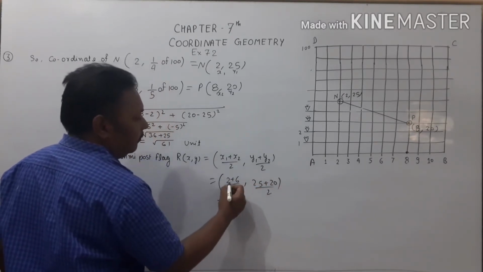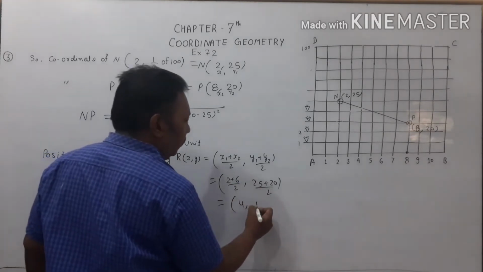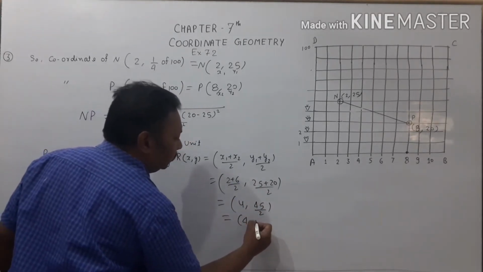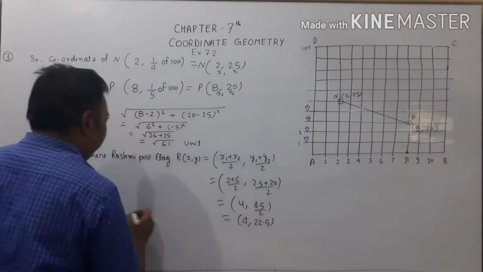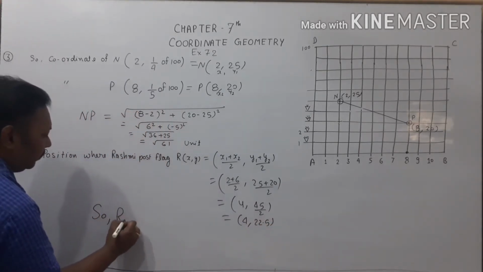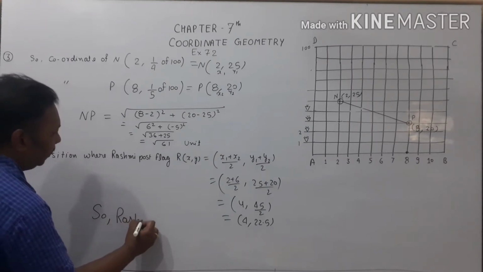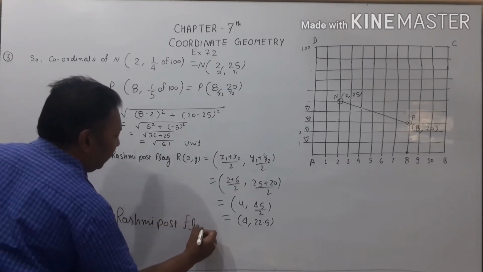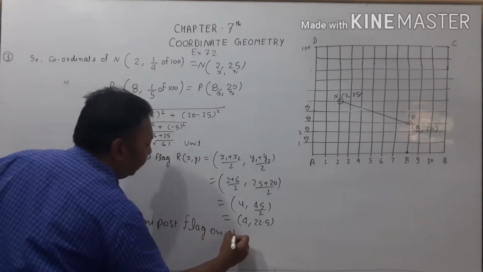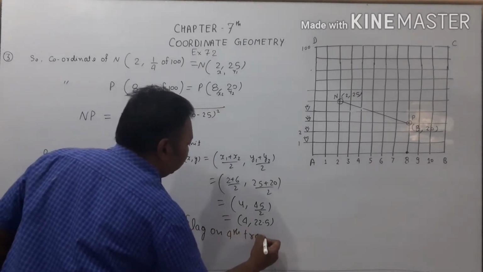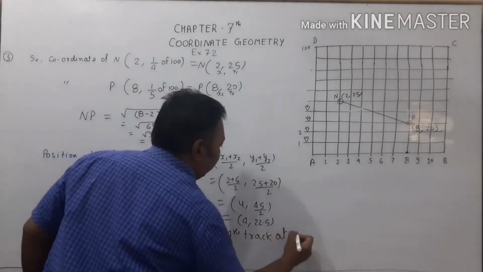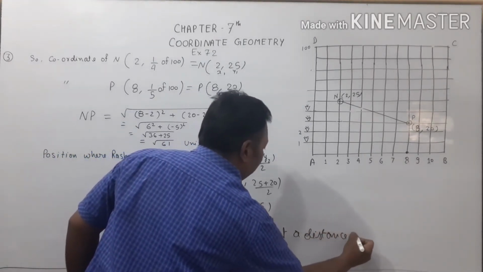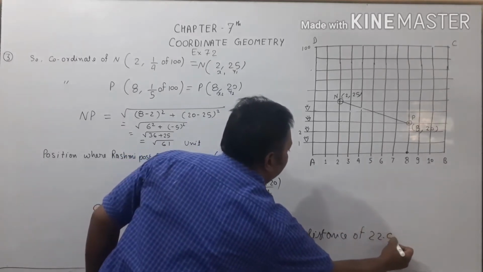We get 8 upon 2, which is 4, and 45 by 2, which is 22.5. So Rasmi posts her flag on the 4th track at a distance of 22.5 meters.